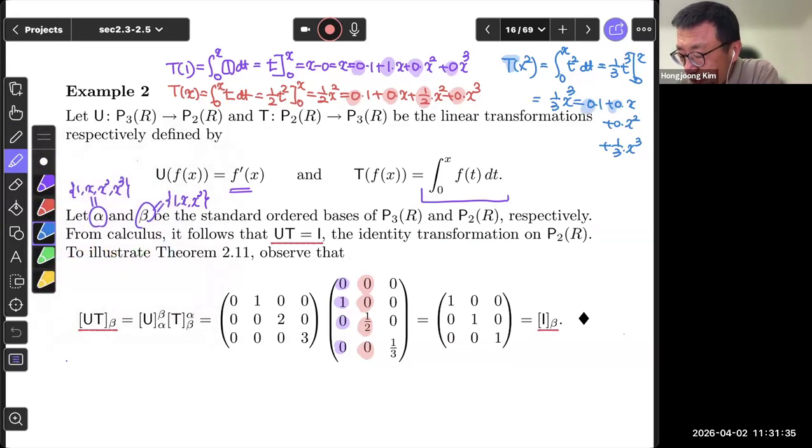These four numbers, 0, 0, 0, 1/3, go to the third column of the T matrix. So given these two matrices, the composite has a matrix. For the matrix of the composite, you can apply the composite directly, or you can just multiply these two. If you multiply them, you get the matrix representing this composite.